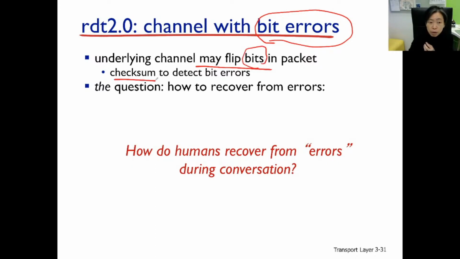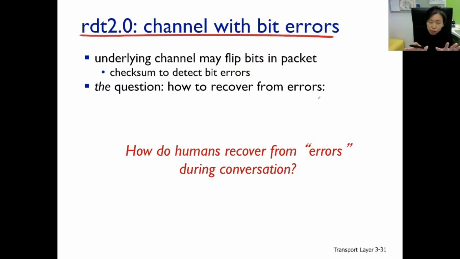Therefore, it fails the checksum at the receiver. The computed checksum and the packet header checksum somehow didn't match. The receiver then detects the bit error. The question is, how do we recover from this error?